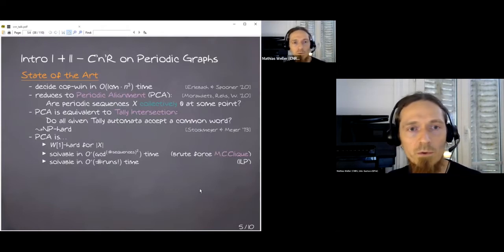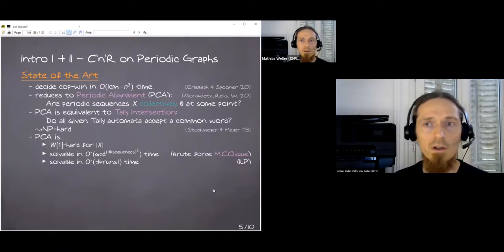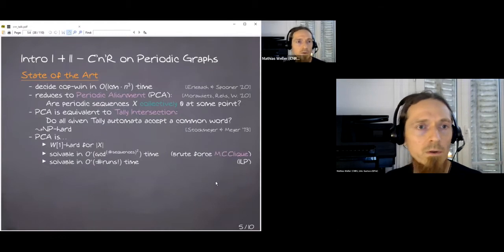And it is also possible to solve this in a number of runs factorial by using an ILP.